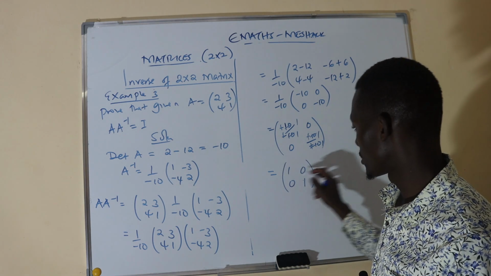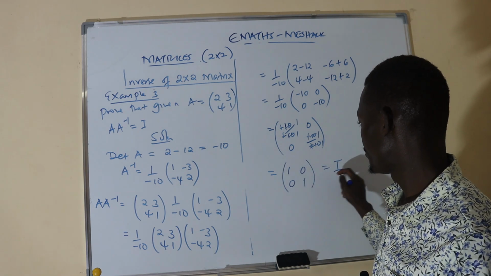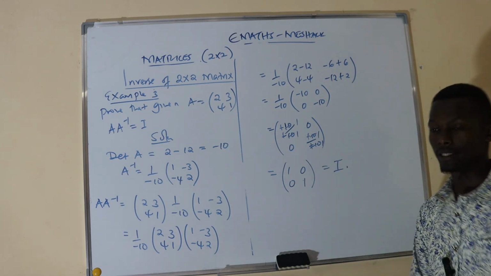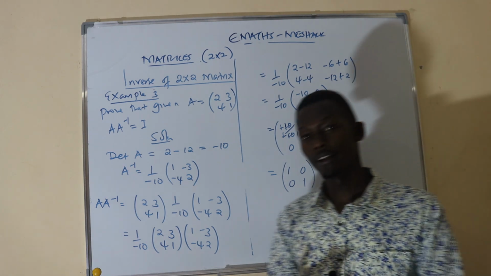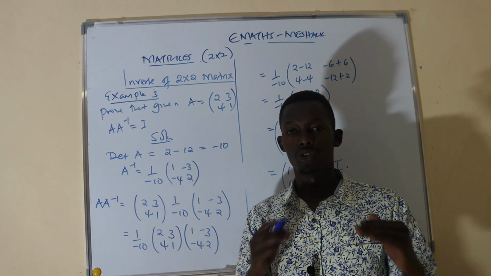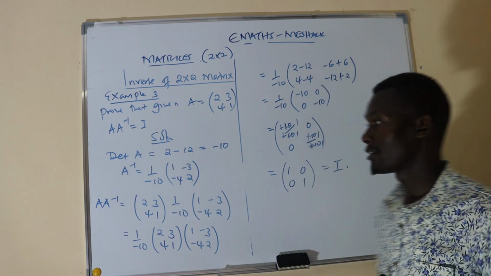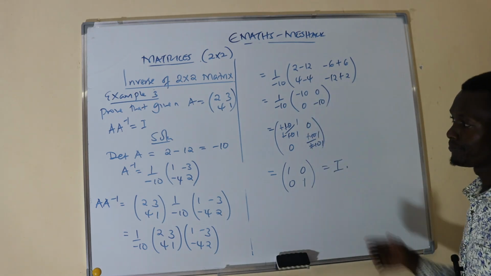And this matrix is what we call the identity matrix. So anytime you multiply a matrix times its own inverse, you shall always have the identity matrix.